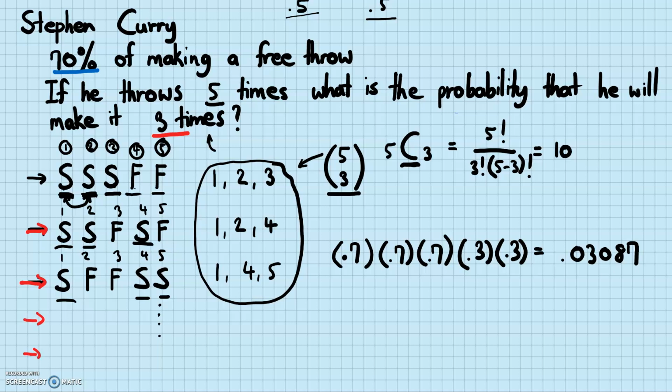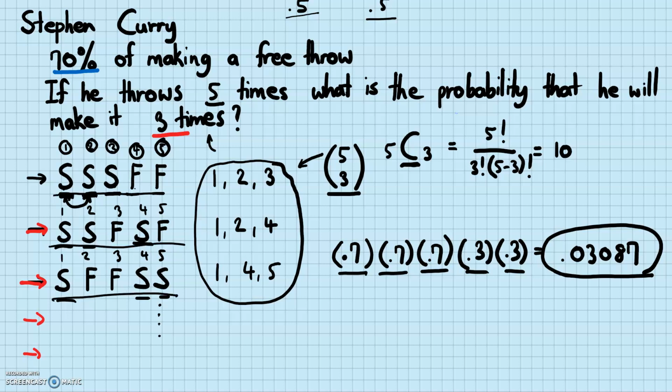The probability is still going to be the same because you're multiplying the same numbers, but just in a different order. So you're going to have 10 of 0.03087. And remember, for OR probability, it's either this or this or this, which means you're adding them all up.